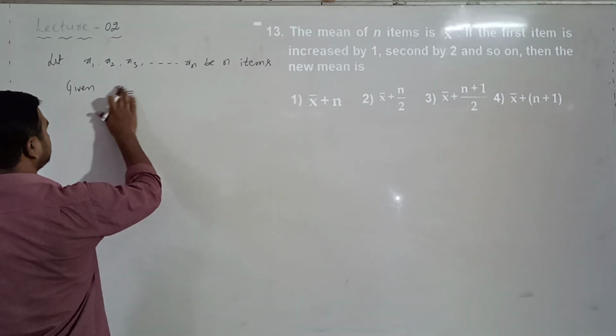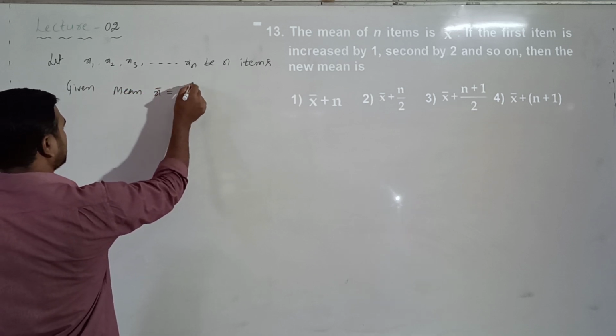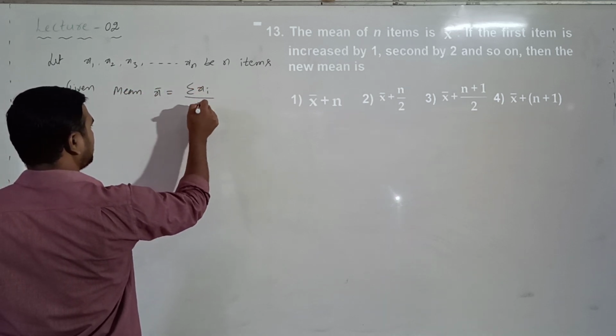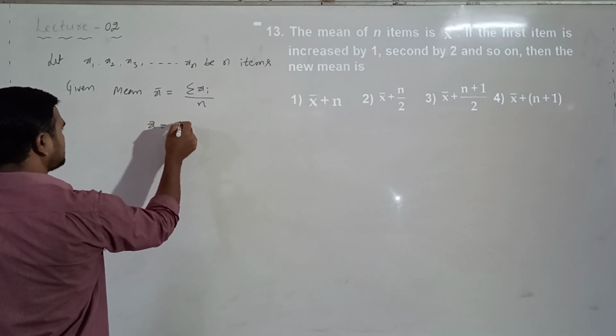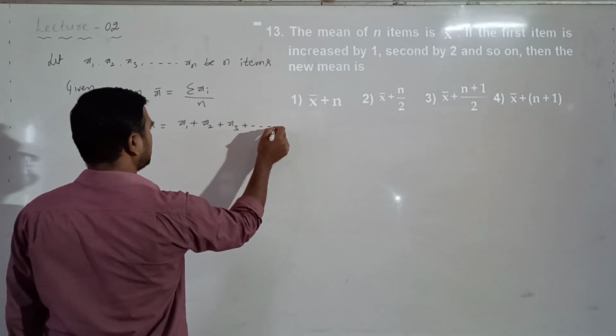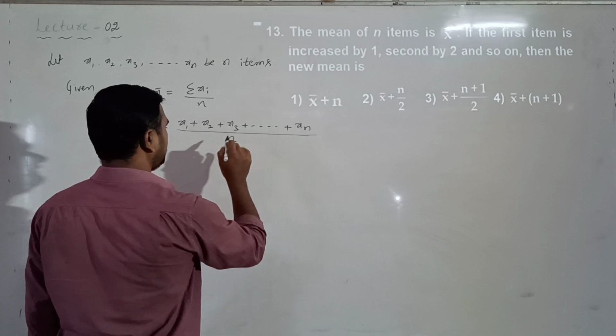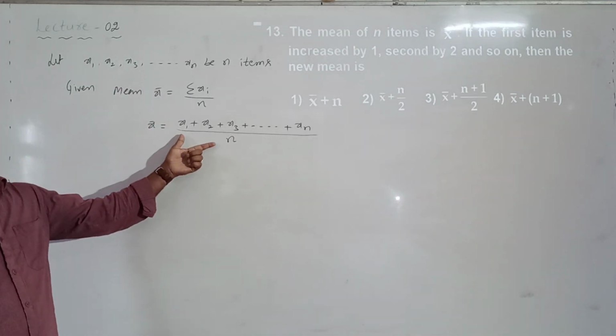We know the mean is sigma xi by n. So x bar is x1 plus x2 plus x3 and so on up to xn, divided by n. So this we know.